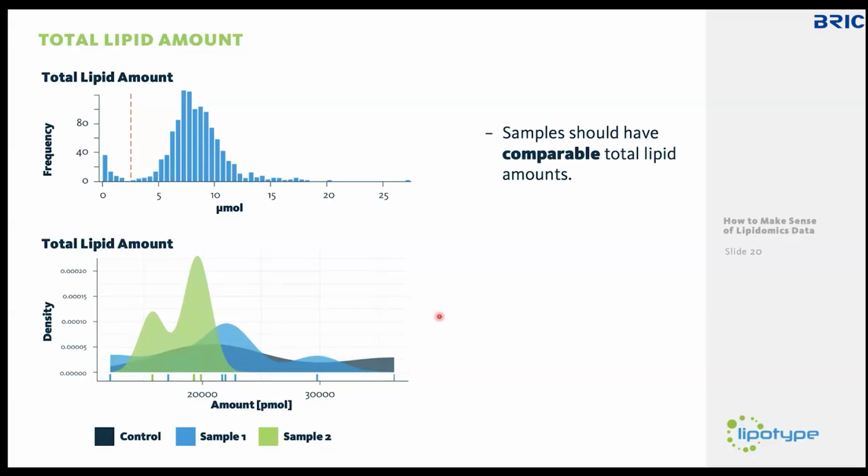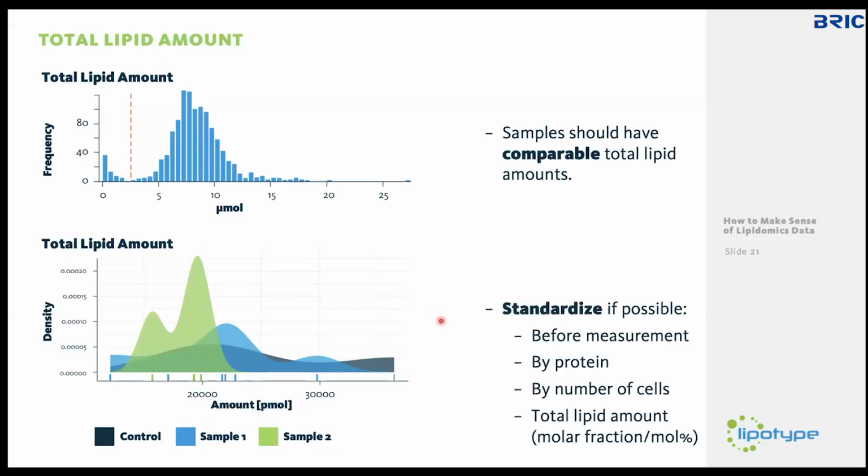So it's actually quite important that you standardize, and it's best to standardize before you even measure. That can be done by either measuring the protein amount you have, or you can count the cells in the FACS machine and say, this is the number of cells I'm providing. Or if that doesn't work, we often do it as an afterthought by standardizing to the total lipid amount.